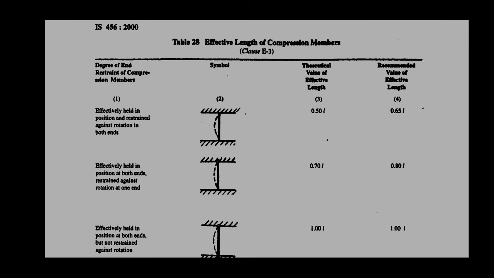This is our end condition for this problem. So, we have to take the extreme right column recommended values for effective length, that is 0.65 L. So, we have to take this value 0.65 L, that means 0.65 is the coefficient which we have to multiply with the length.